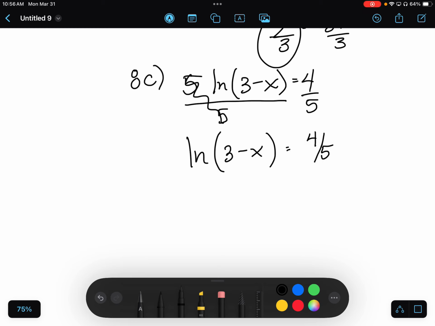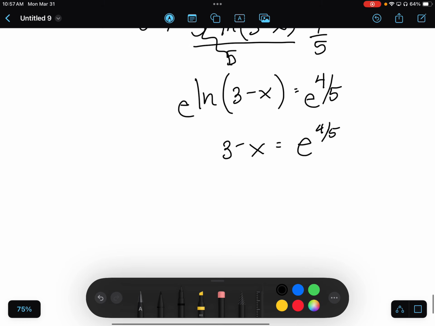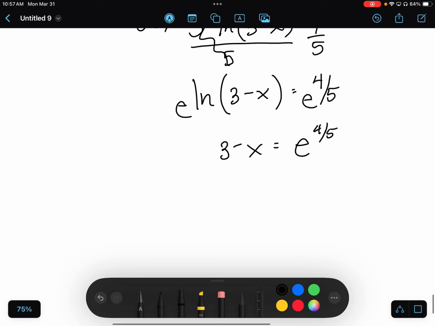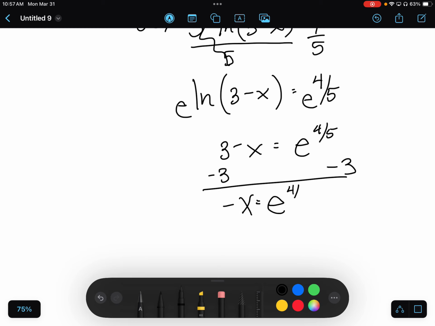Then from here, e both sides. So I get 3 minus x equals e to the 4/5. And then from here, to solve for x, subtract 3. And divide everything by -1.